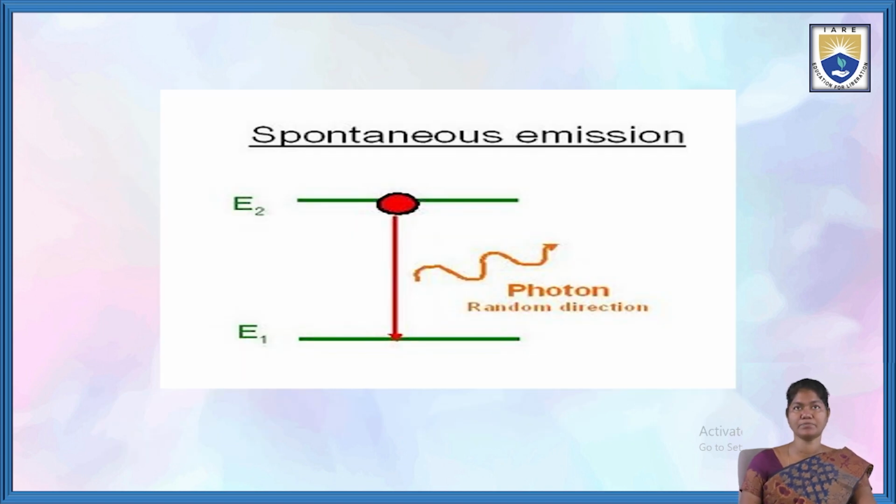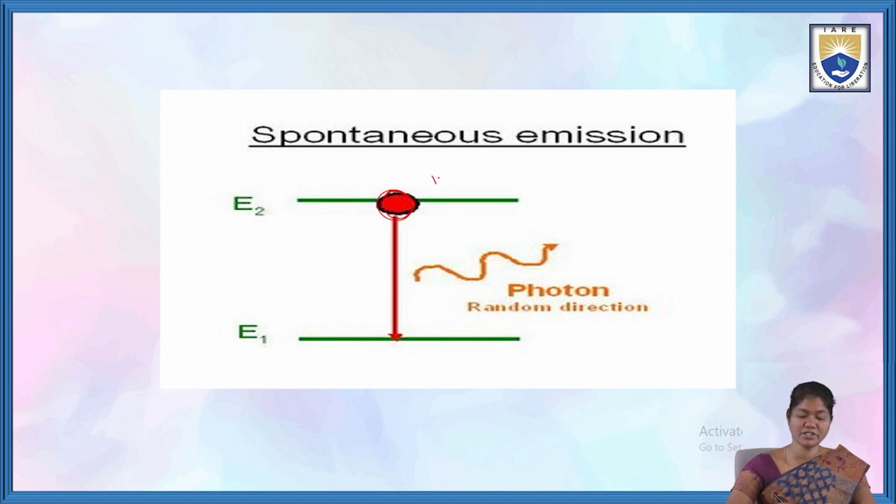This is the diagram related to spontaneous emission of radiation. After absorbing an incident photon, the atom excites to a higher energy level. Now the atom is at the excited state.